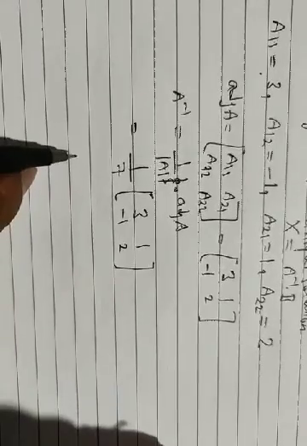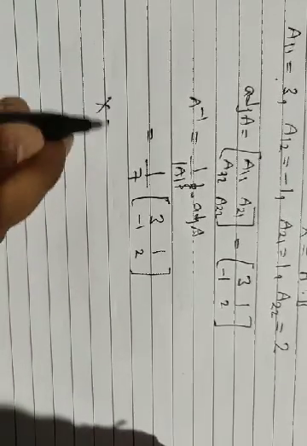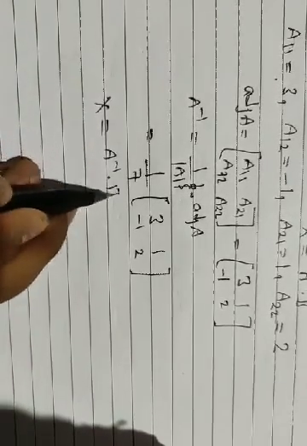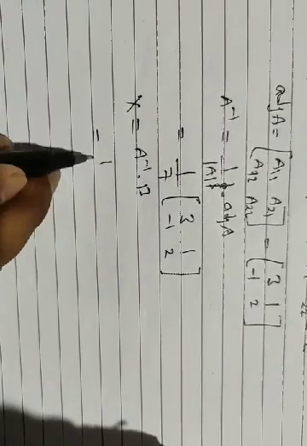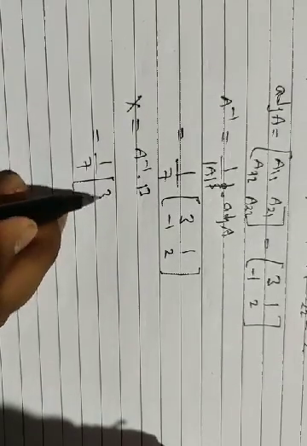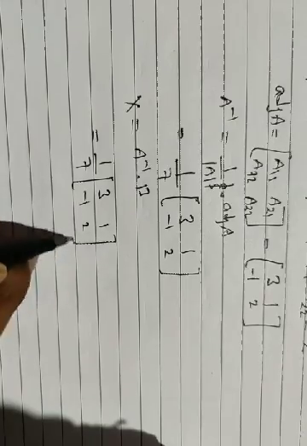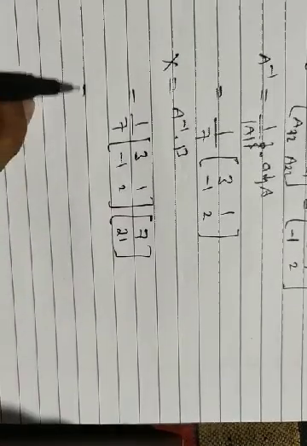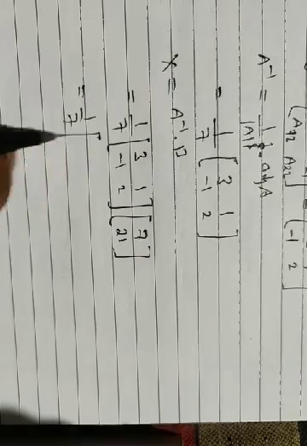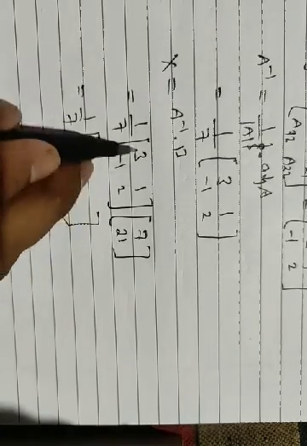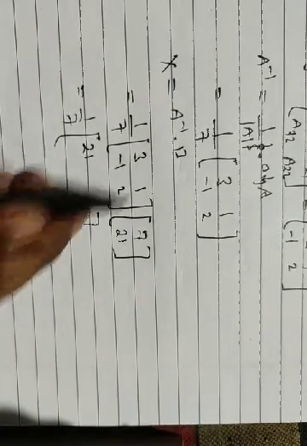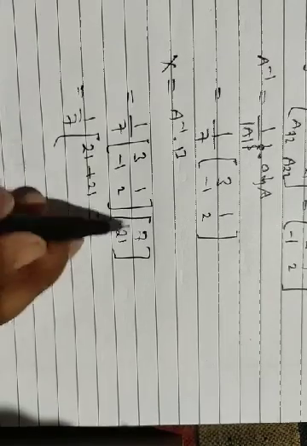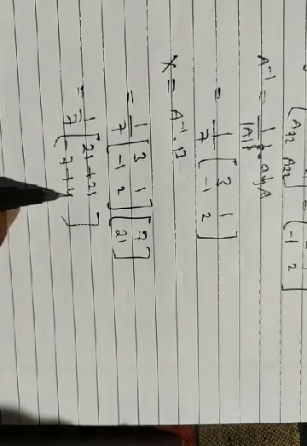Now we are going to get x. Our x is given by A inverse into b. Our A inverse is 1 by 7 times 3, 1, minus 1, 2, and b is 7 and 21. We are going to multiply now. 1 by 7, row into column: 3 times 7, 21 plus 21, minus 7 plus 42.